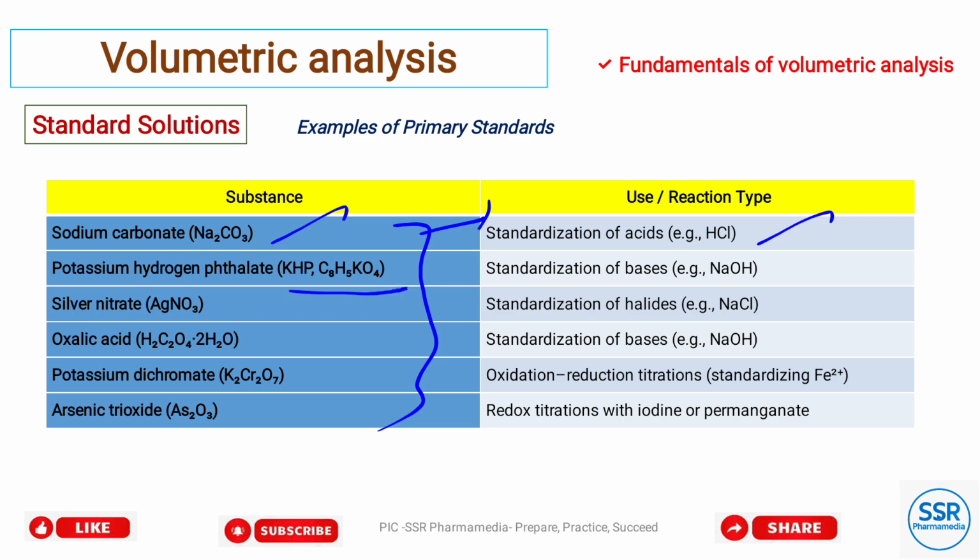Potassium hydrogen phthalate is a primary standard. It is used for the standardization of bases like sodium hydroxide. And silver nitrate is a primary standard. It is used for the standardization of halides like sodium chloride.